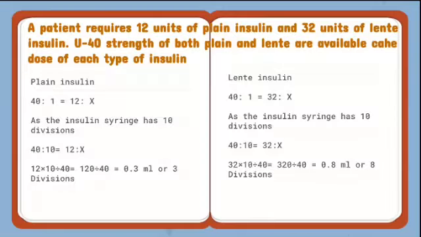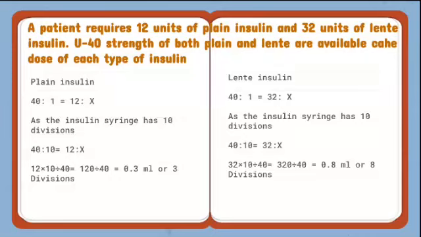The next question is, a patient requires 12 units of plain insulin and 32 units of lenti-insulin. So here the concept is the same, but you have to calculate twice because they have asked for 2 insulins, plain and lenti.